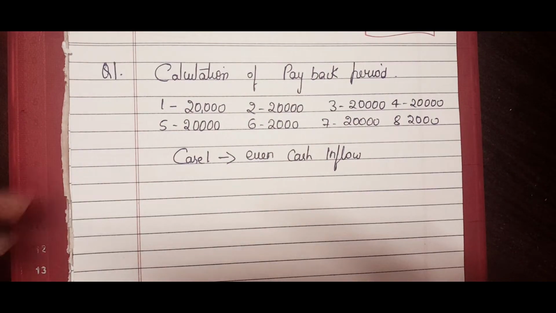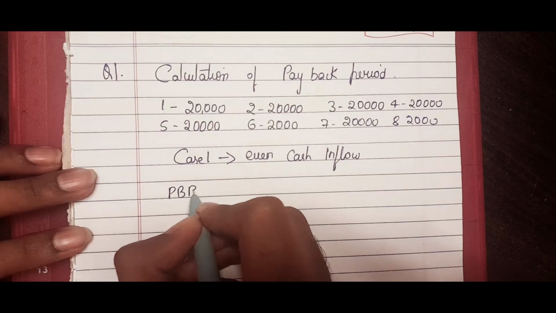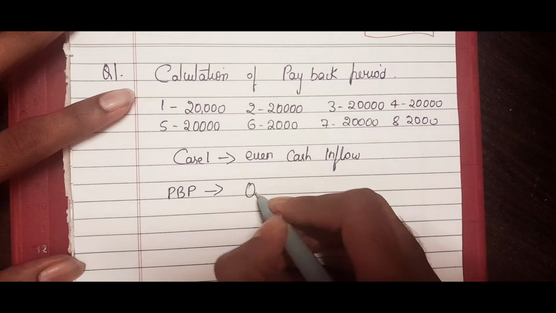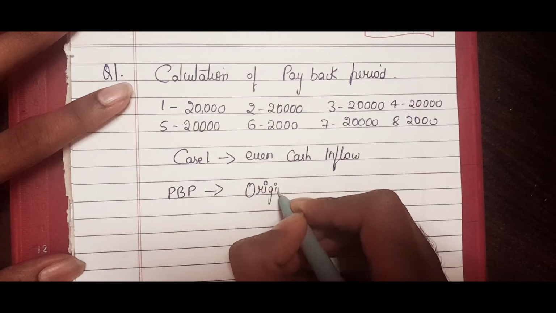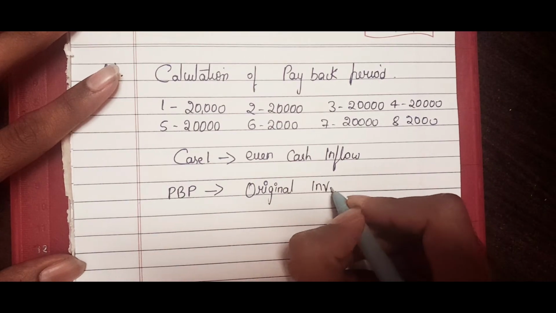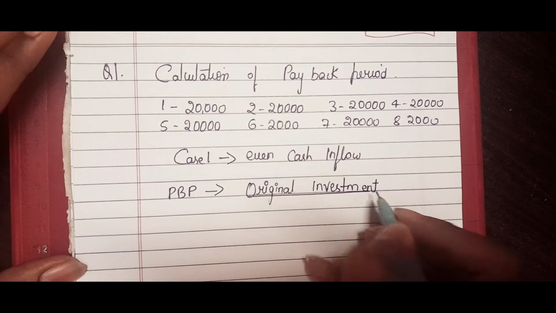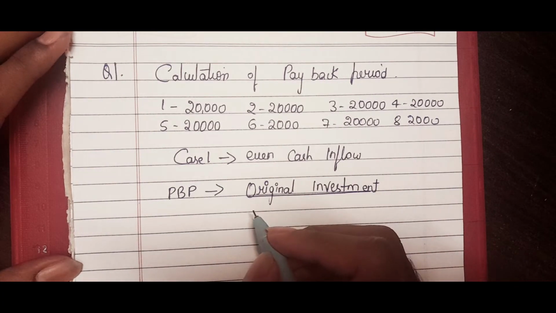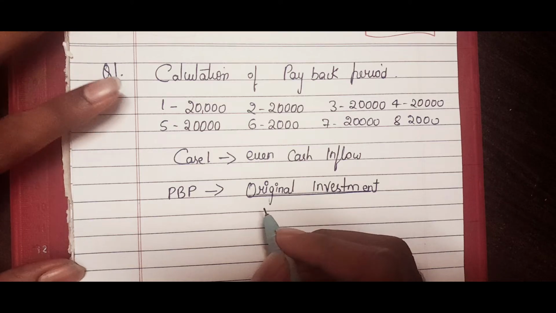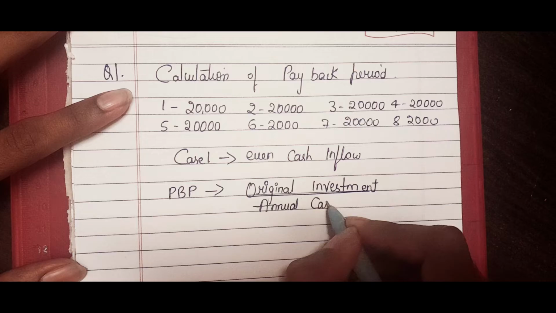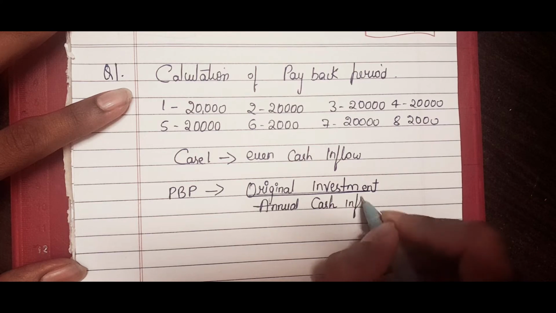So when there is an even cash inflow, this is case number 1, even cash inflow. The formula to find the PBP, payback period, is equal to original investment divided by annual cash inflow.